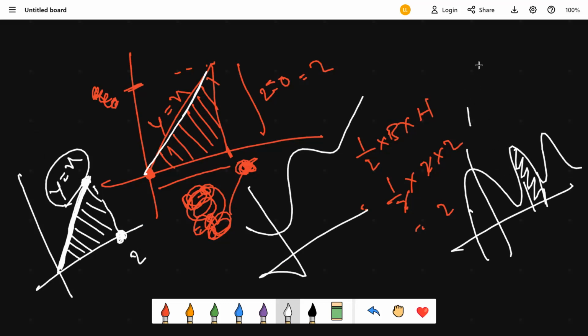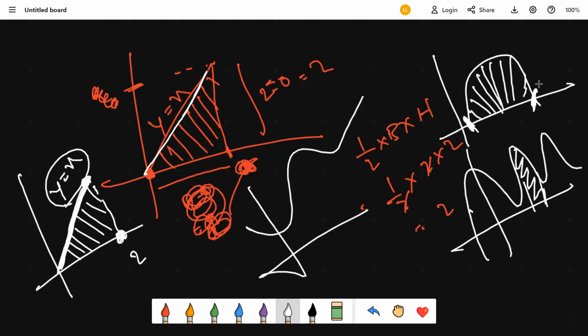If this is a curve, we don't have the formula to find the area of those curves. But one thing we know is the integration of this curve represents, if we have these 2 points there, and if we can find the integration between the two points, 2 coordinates, we can get the area under this curve.